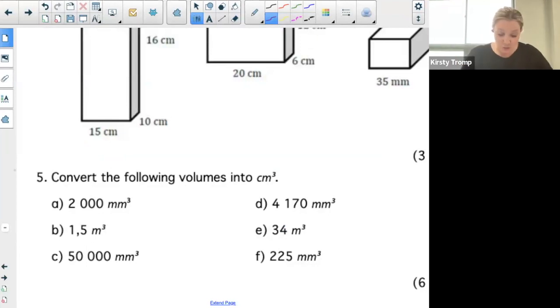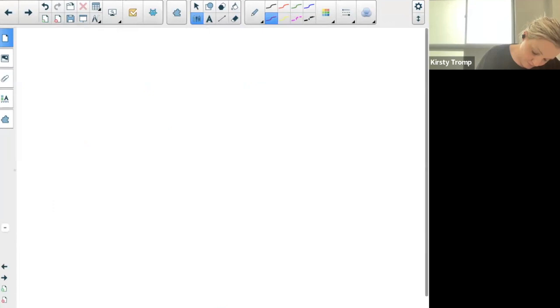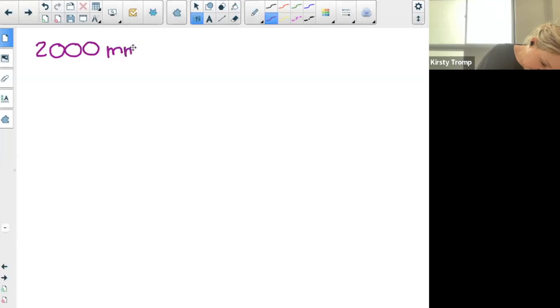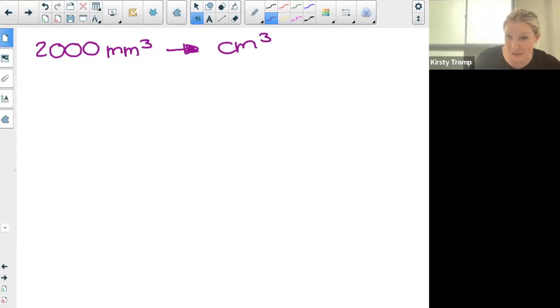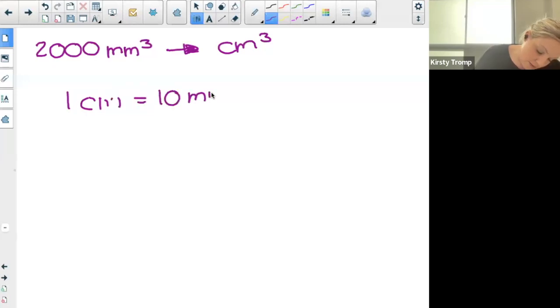I'm going to do the first one for you. It says 2,000 millimeters cubed, and it wants me to convert it into centimeters cubed. I'm going to remind you guys what I say to myself. 1 centimeter equals 10 millimeters.